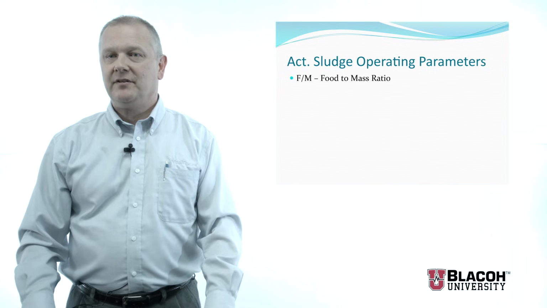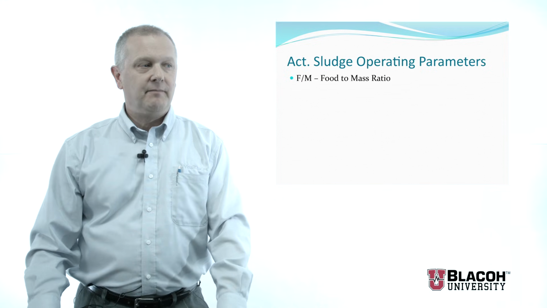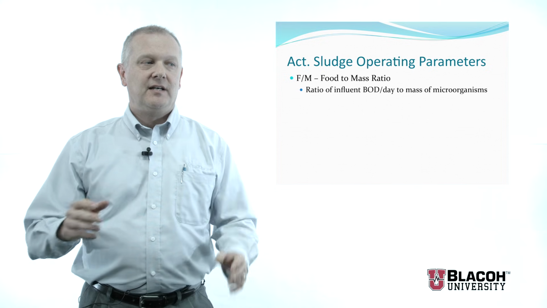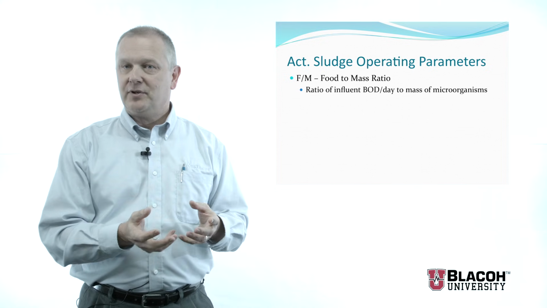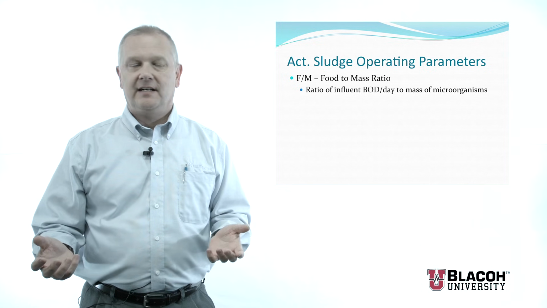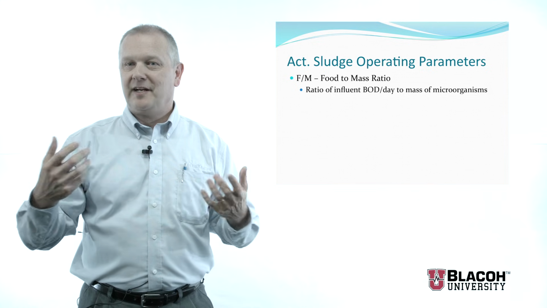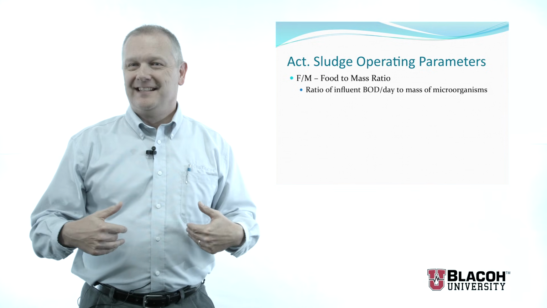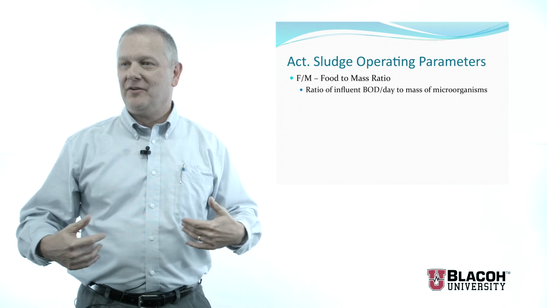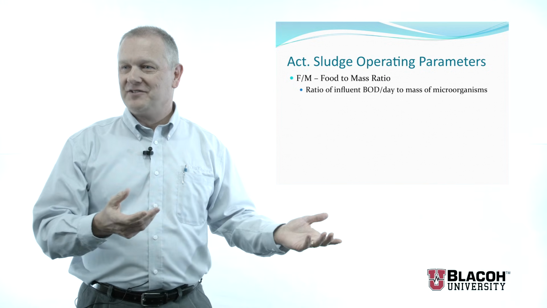Finally, another parameter that's important is what we call the food to mass ratio. This is a ratio of the BOD coming into the plant per day to the mass of microorganisms that's there. You can liken this to the amount of food that you eat every day divided by your weight. Somebody who weighs 200 pounds can eat more in the way of calories and food than somebody who weighs 100 pounds.